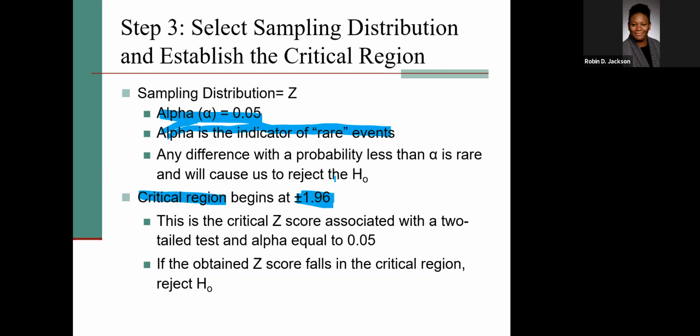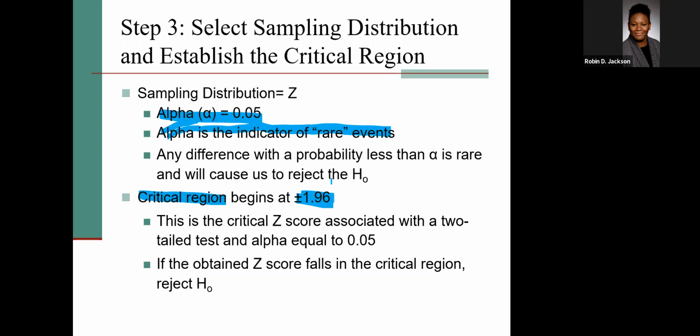Okay, so if our Z obtained falls beyond that Z critical, that's a rare thing, and we can reject the notion, the null hypothesis, which says there are no differences.